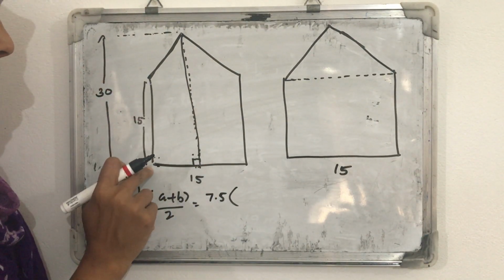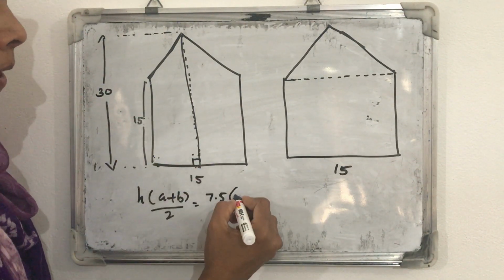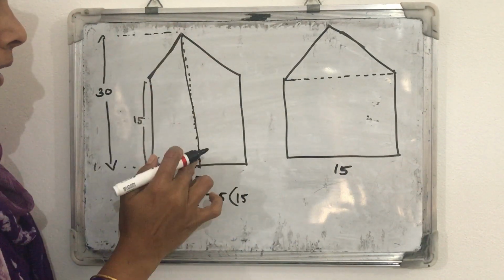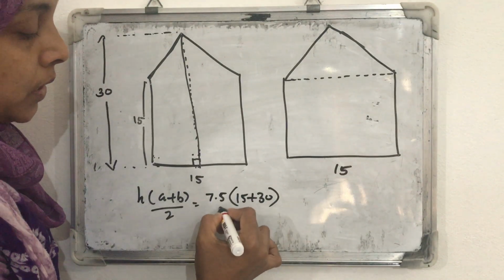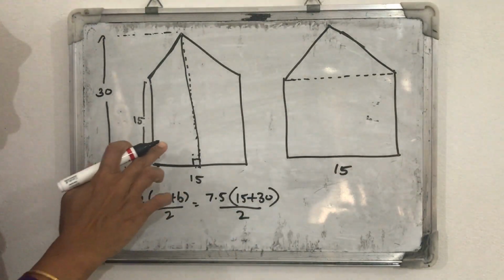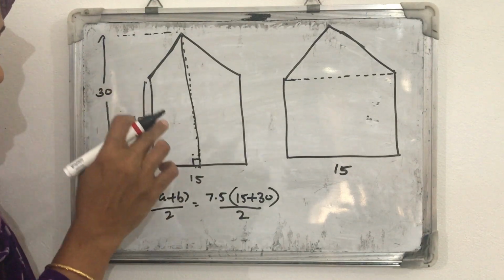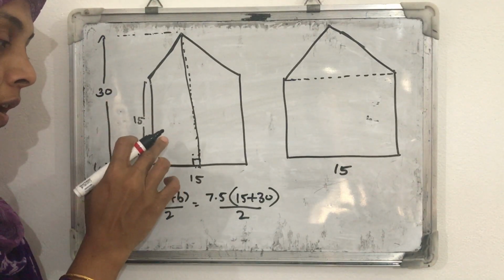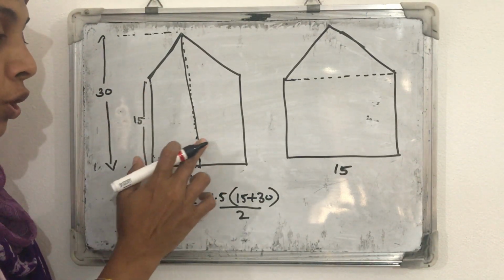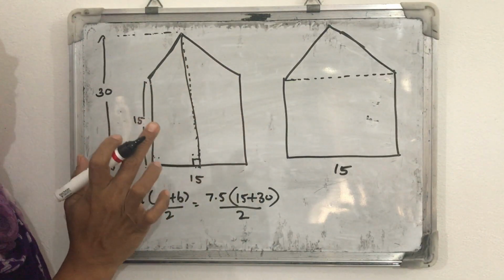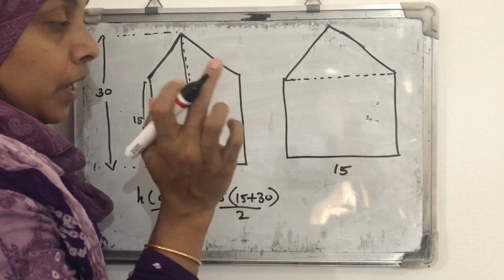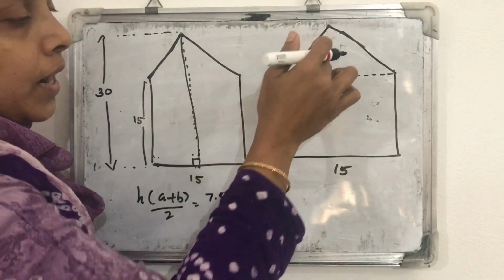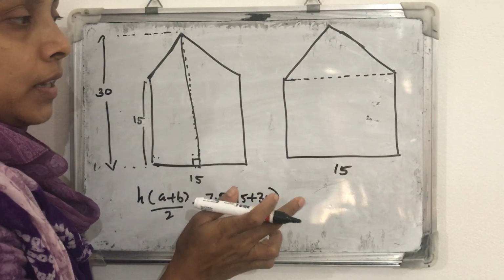The length of this parallel side is 15, and the length of the other parallel side, the total distance, is given as 30. Using this calculation we will get the area of one trapezium. Then multiplying that by 2, you will get the area of this pentagon.